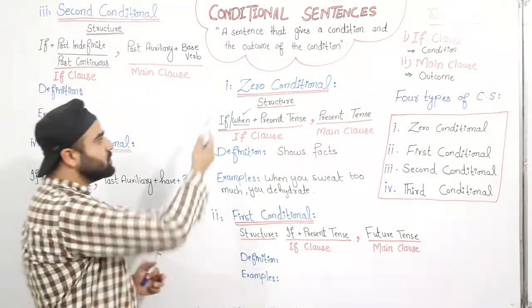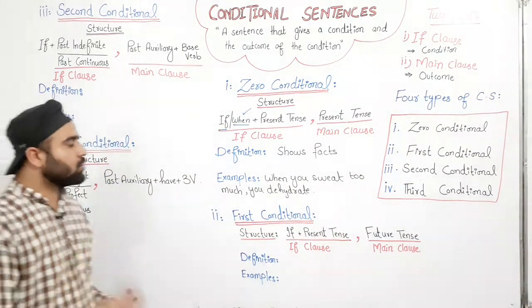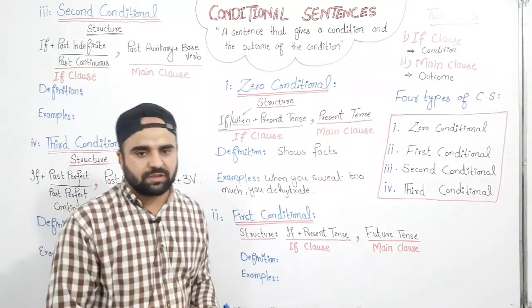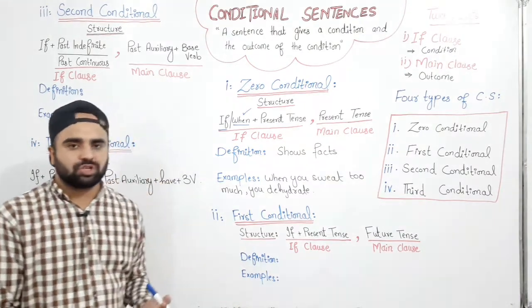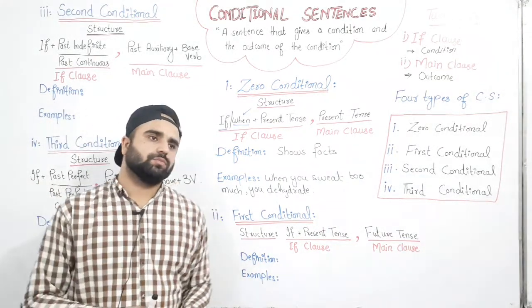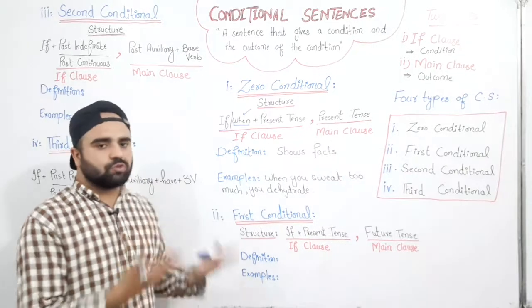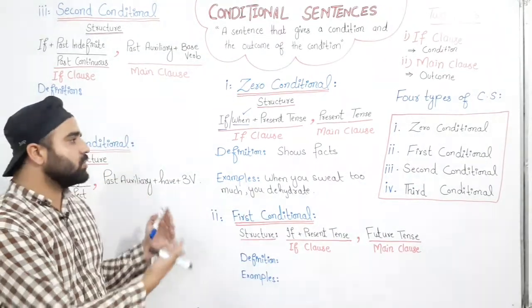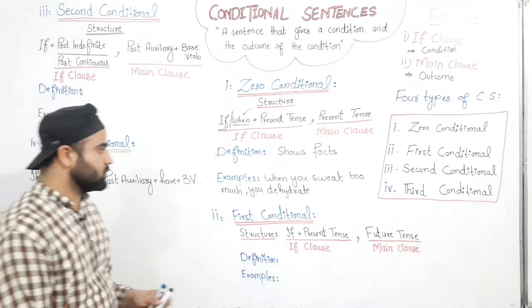And that's what zero conditional shows, right? Or you can say, when water reaches 100 degrees, it boils. When you heat water, it evaporates. When you close your eyes, you don't see anything. So that is how a zero conditional sentence is used.